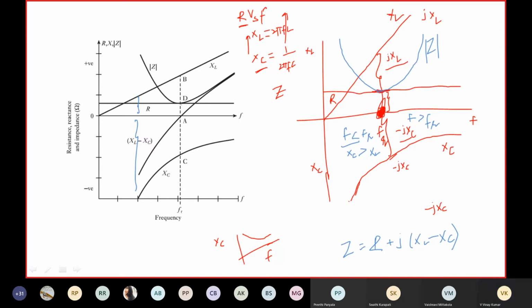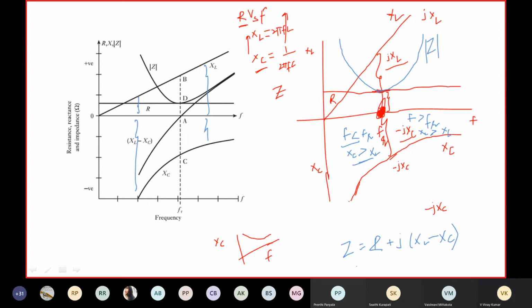Here F is greater than FR, and XL is greater than XC. So in both cases, any one of the reactances is more.